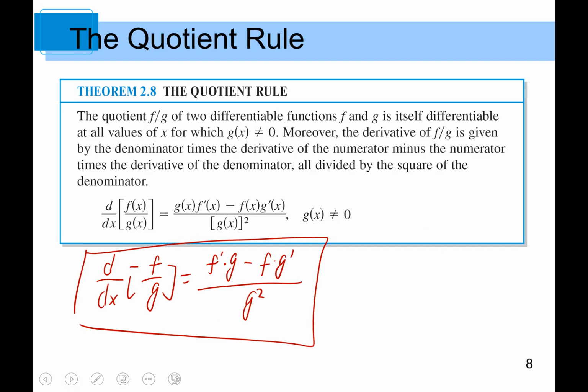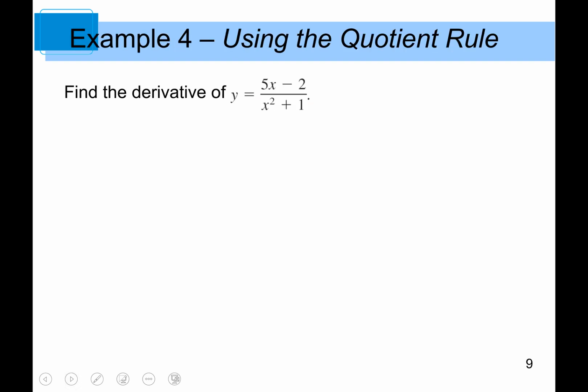So let's use this to solve one of the problems using the quotient rule. As you can see, the power rule is everywhere, so make sure you can apply the power rule properly because it's very, very important. Here we assume this is f, and that's going to be g.